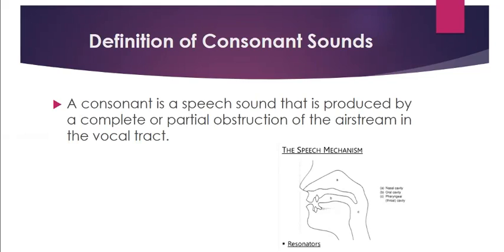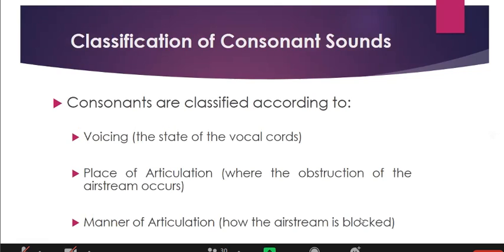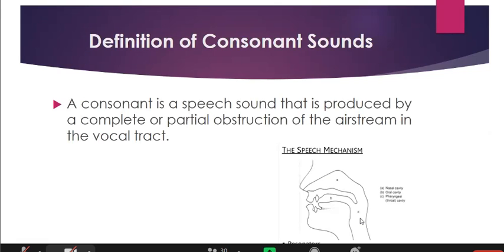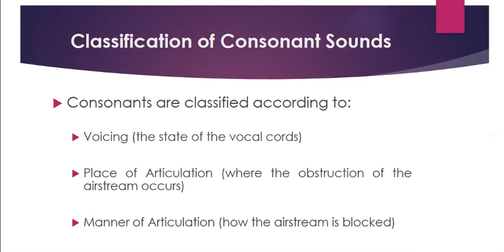Same happens with the sounds that are produced by making an obstruction with the two lips, upper and lower lips. Then you're making bilabial sounds like pa and ba. So that is the definition of consonant sounds. Remember, there must be an obstruction always.